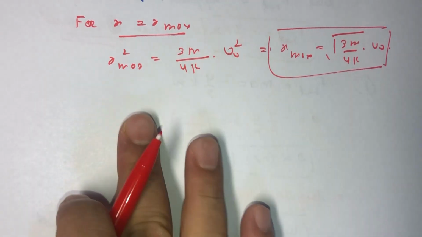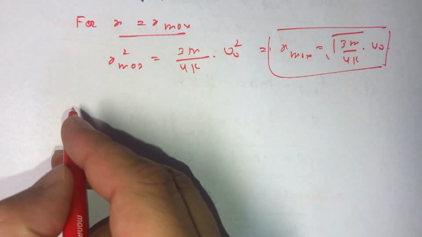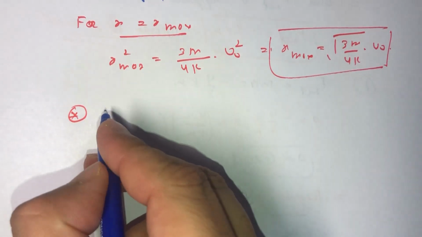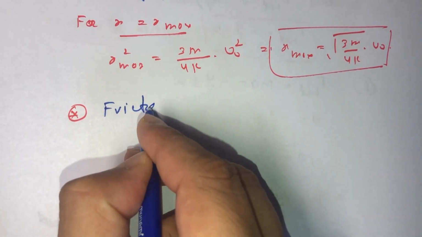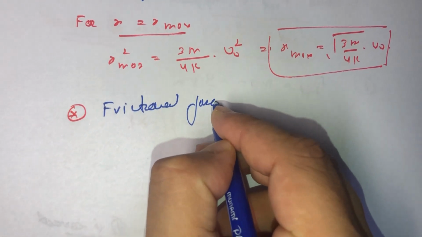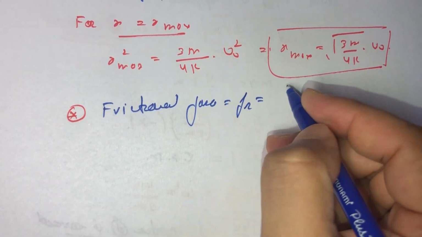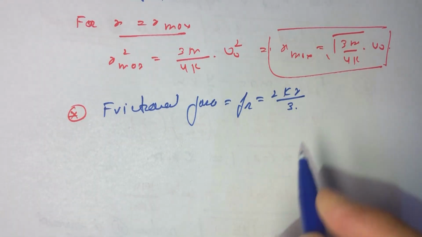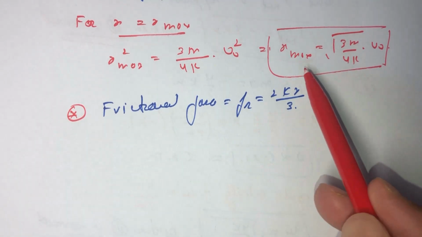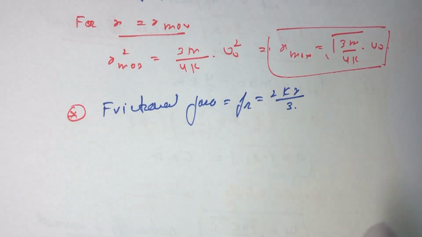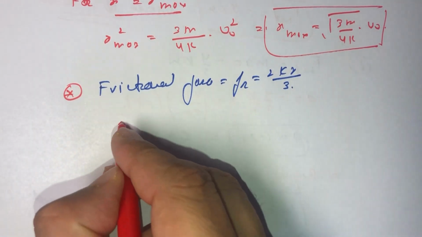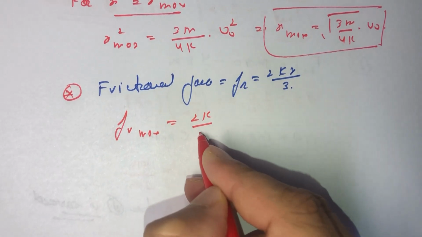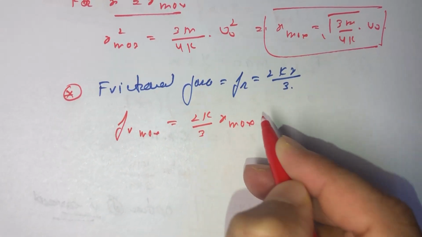So we know the value of the friction we just calculated, the frictional force will be equal to Fr, and that we calculated is 2kx upon 3. So if x is equal to x maximum, the frictional force can be written as Fr max. So Fr max is equal to 2k by 3, and this becomes x max.